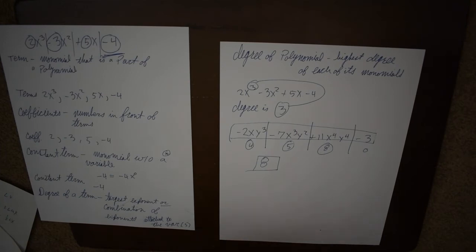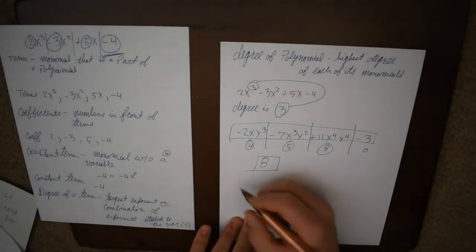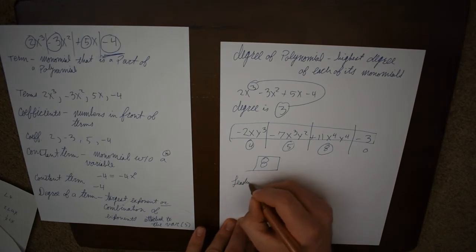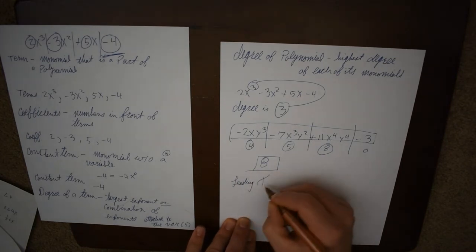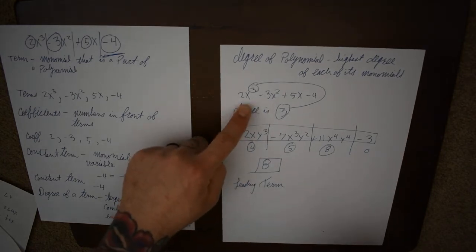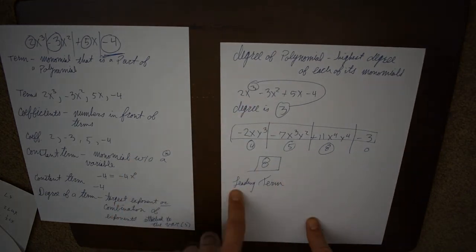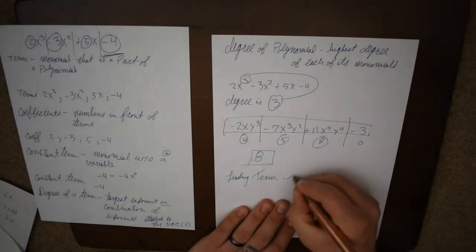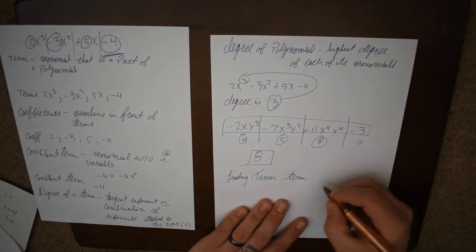And lastly, the final vocab terms are leading term and leading coefficient. Going back to this example we've been working with, our leading term is the term with highest degree.